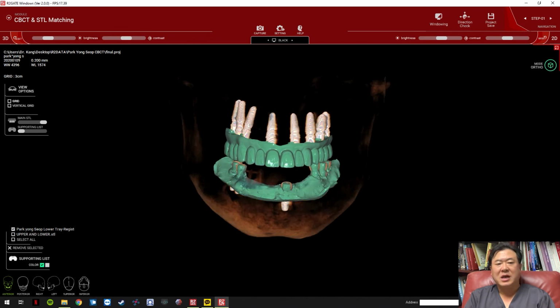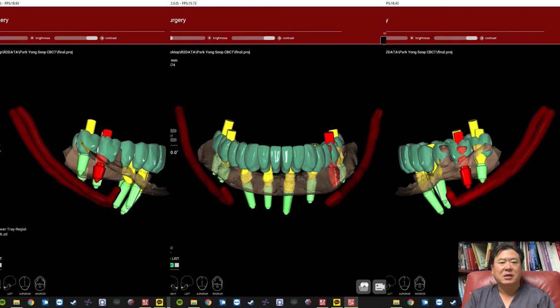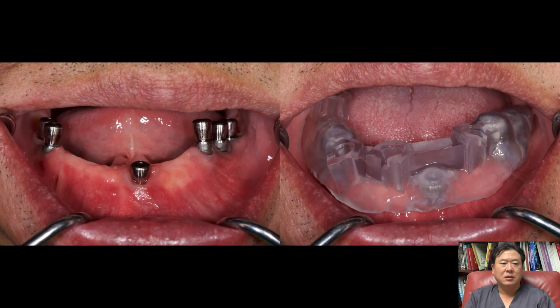Now I have a precisely positioned model information inside CT scan information. Everything here is easy. Virtual wax-up was done in no time and implant planning was followed.